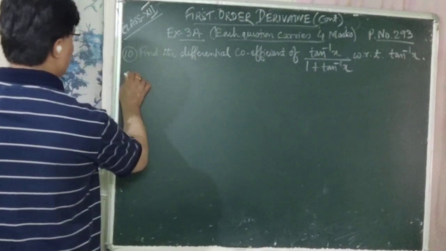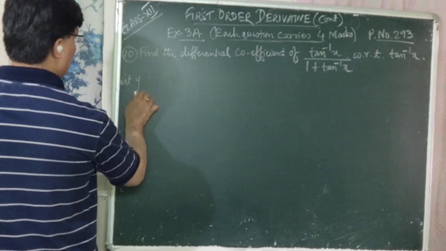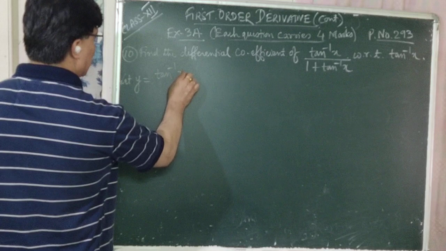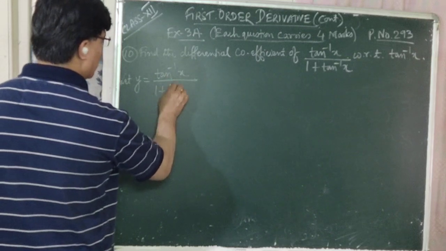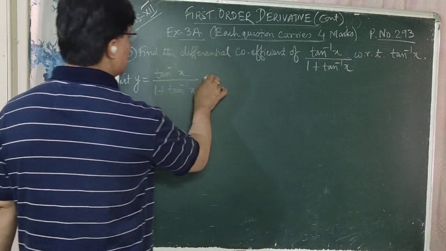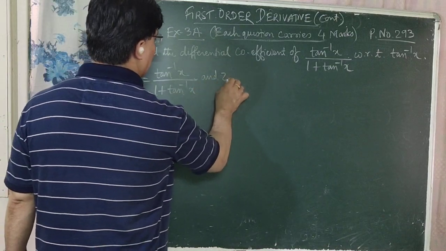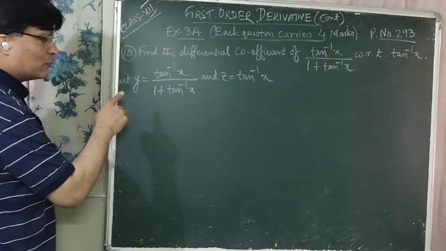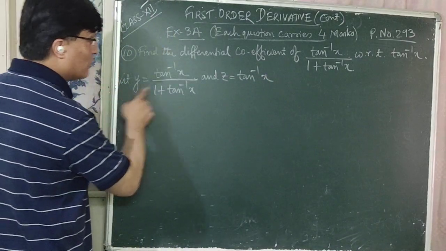So let y is equal to the first function, tan inverse x upon 1 plus tan inverse x, right? And z is equal to tan inverse x. Now we have to find the differential coefficient of y with respect to z.